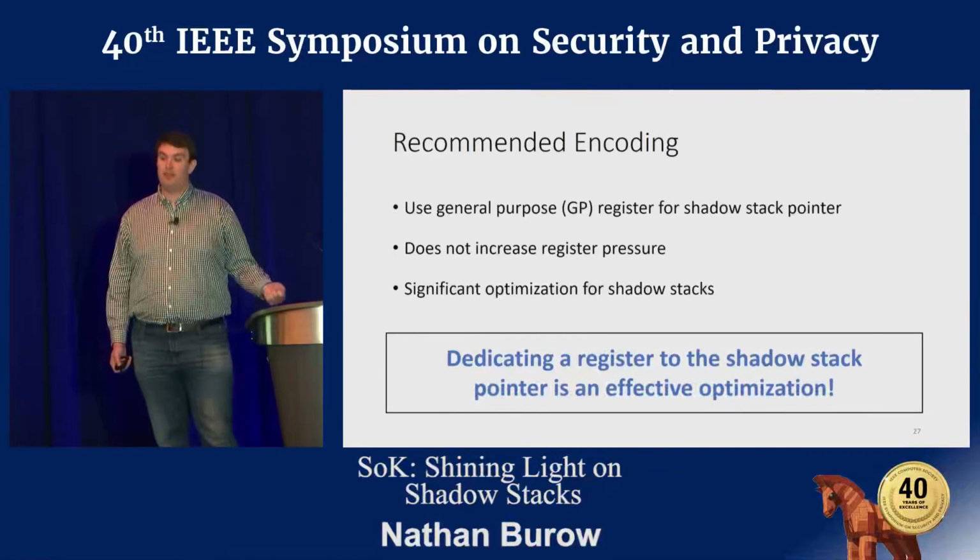And the answer turns out to be no. On 64-bit architectures, which have 16 general purpose registers, for all applications we evaluated, not only the SPEC CPU 2006 benchmarks, but also a wide variety of image processing and other desktop applications from Phoronix, as well as the Nginx web server, there was no huge performance hit from using a general purpose register, and in fact, it was the fastest scheme. So the takeaway here is that dedicating a register to the shadow stack pointer is actually an effective optimization across a very wide range of applications.